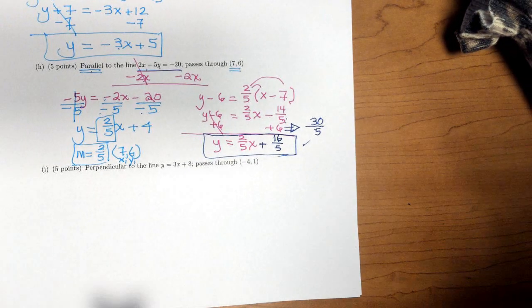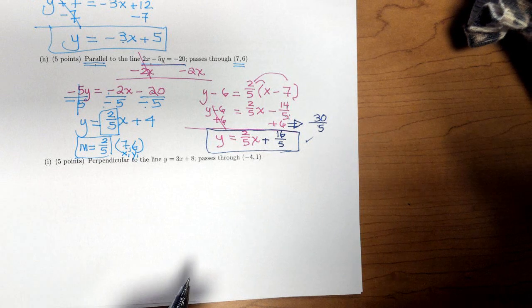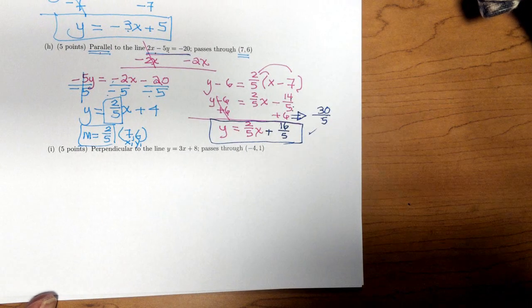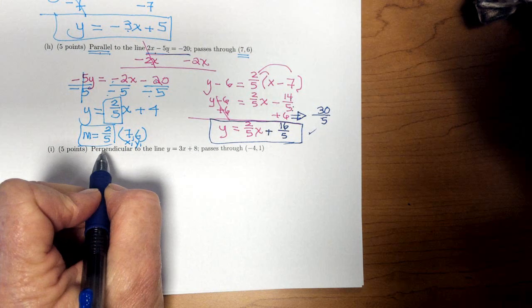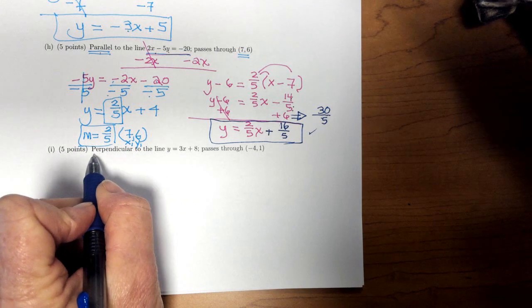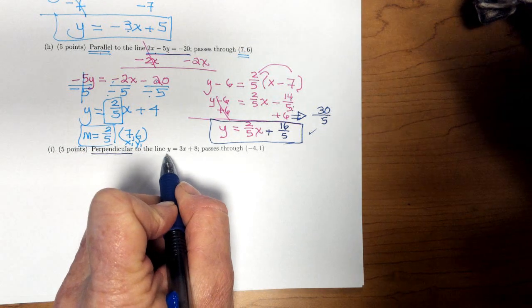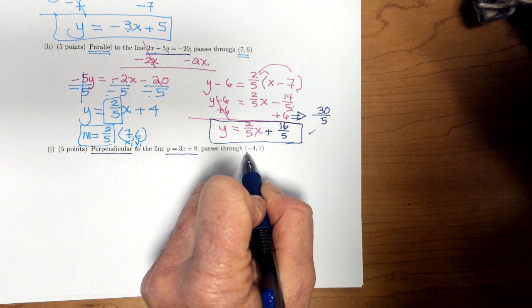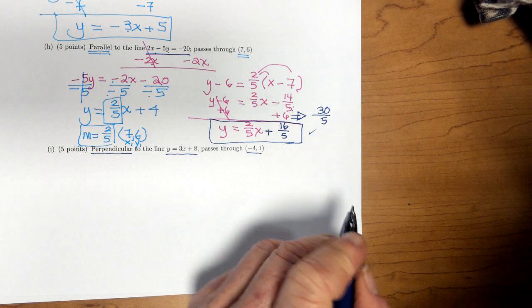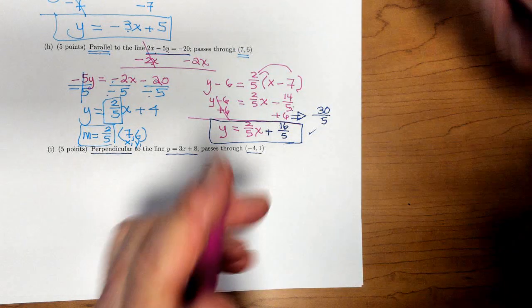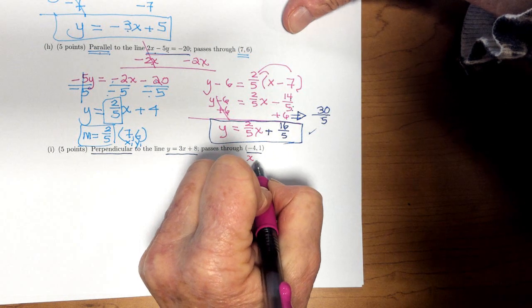It's totally okay. The last thing that I need to do on this practice test is I need to write an equation of the line that is perpendicular to this line right here and passes through this point. So the very first thing I'm going to do is label this point as x1 and y1.